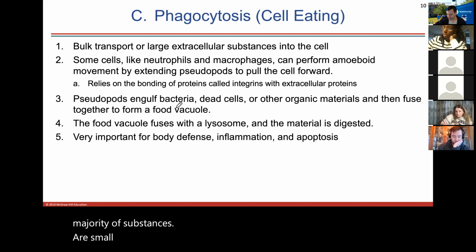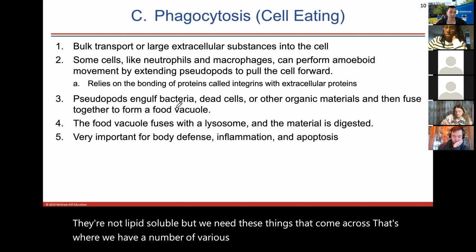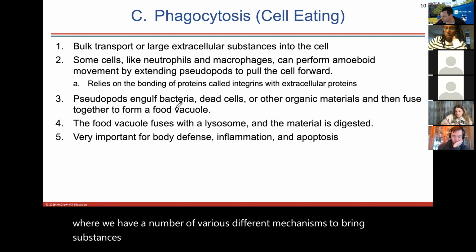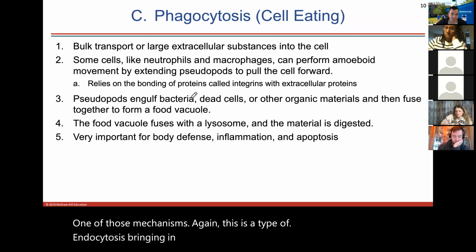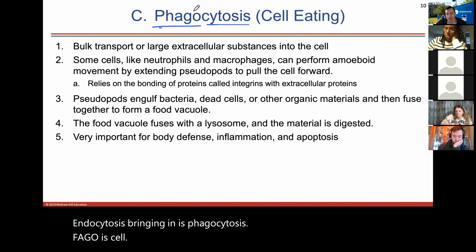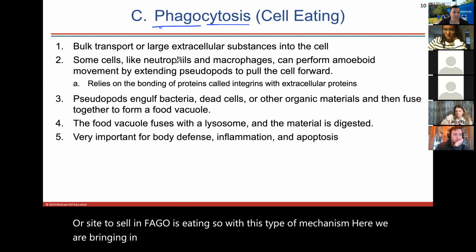Or they're not lipid soluble, but we need these things to come across. That's where we have a number of various different mechanisms to bring substances in. One of those mechanisms, again, this is a type of endocytosis, bringing in, is phagocytosis. Phago is eating and cyte is cell. So with this type of mechanism here, we are bringing in very big substances.